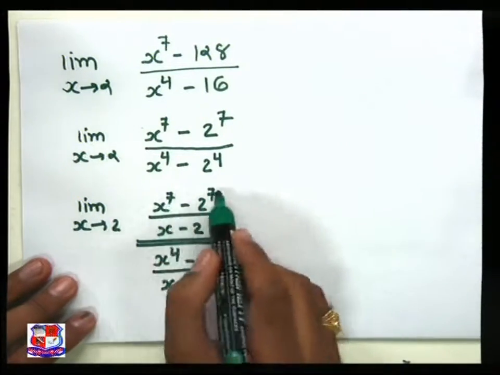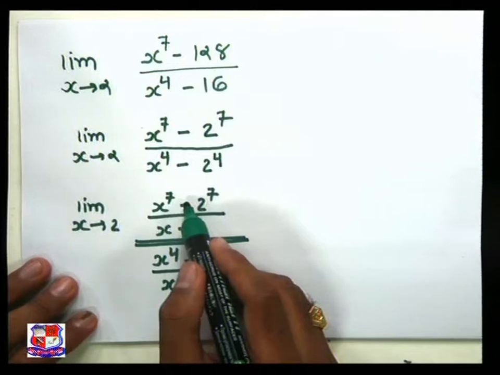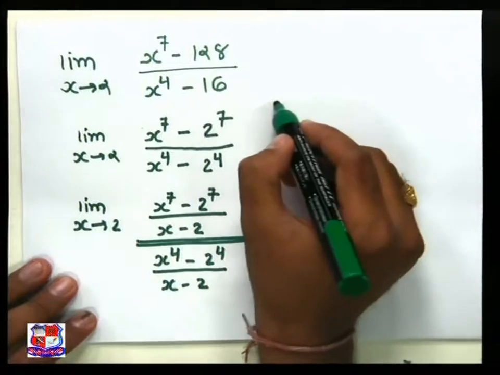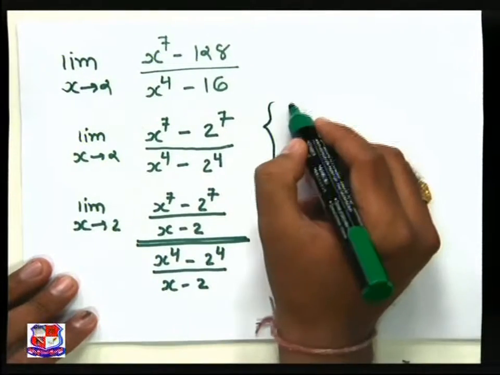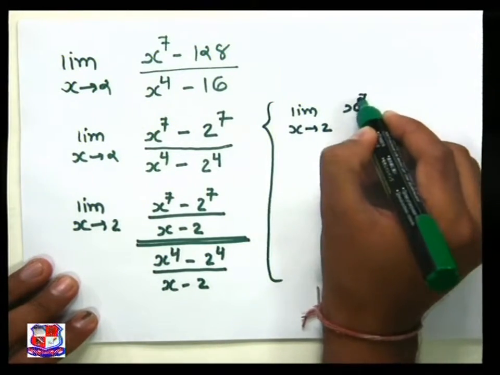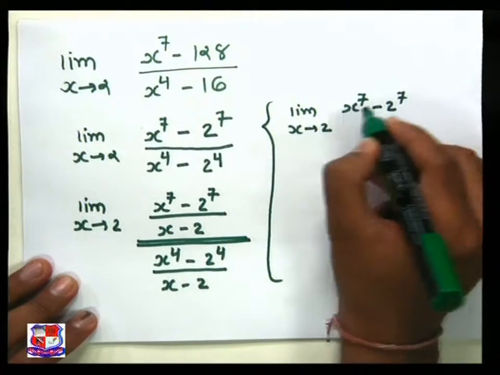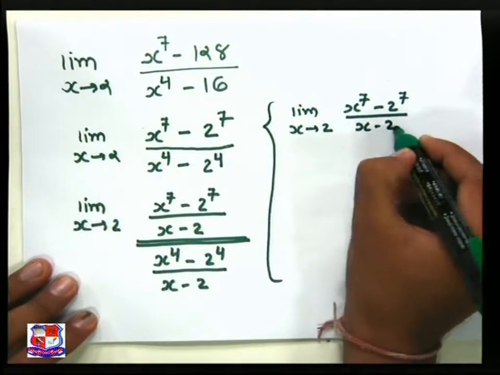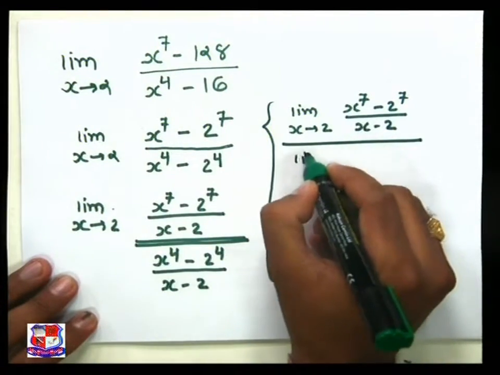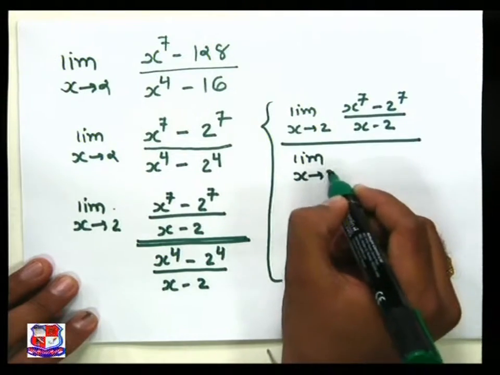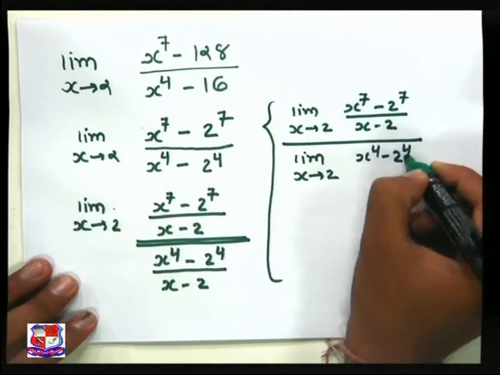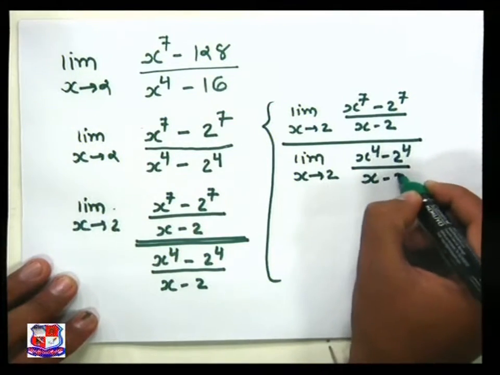So now look here. Limit x tends to 2 is applied to the numerator, and limit x tends to 2 is applied to the denominator side. So we can write limit x tends to 2, x raised to 7 minus 2 raised to 7 divided by x minus 2, all divided by limit x tends to 2, x raised to 4 minus 2 raised to 4 divided by x minus 2.